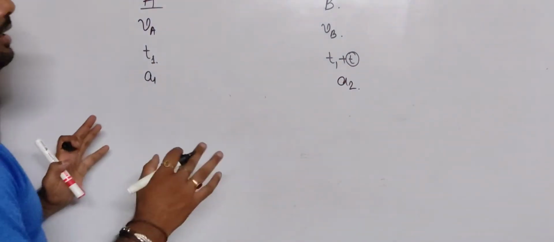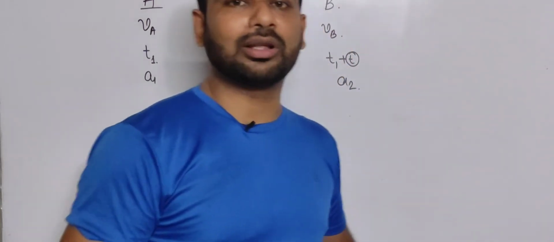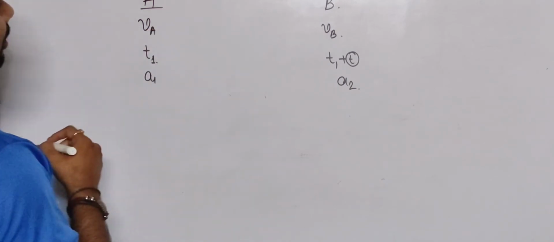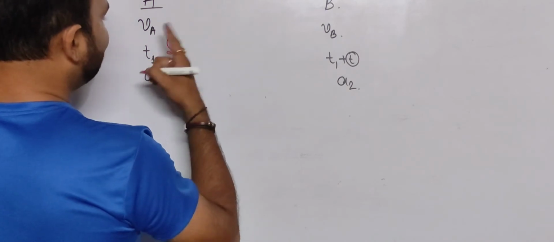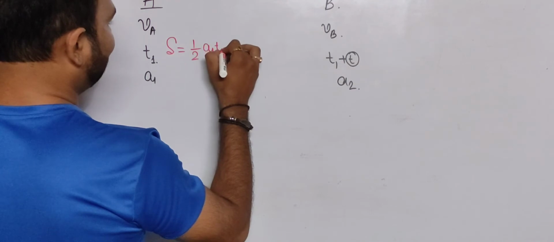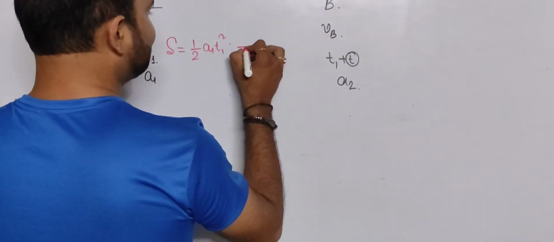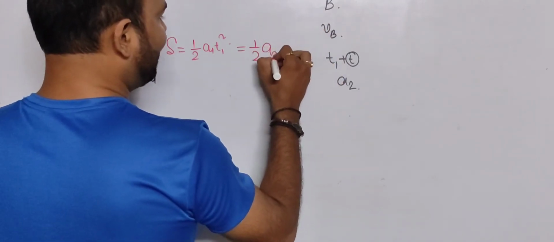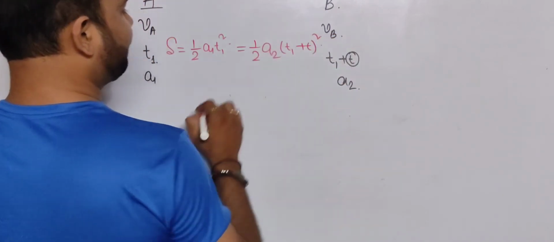Now what is the similarity between them? Because it is a race, the distance covered, or the displacement, of the bodies is the same. So the displacement of A is s equals, since initially they are at rest, half a1 t1 square. For B, the displacement is half a2 (t1 plus t) whole square.